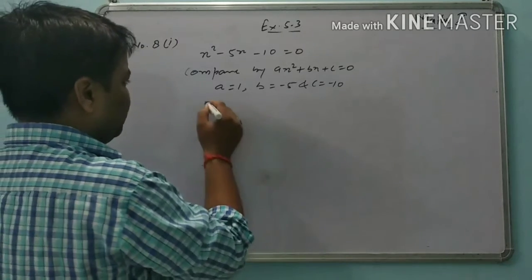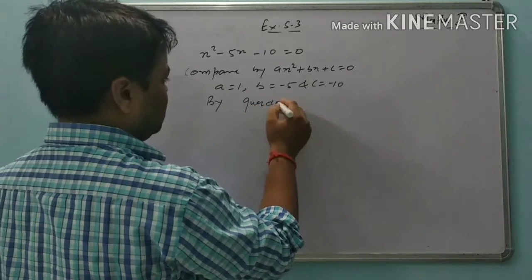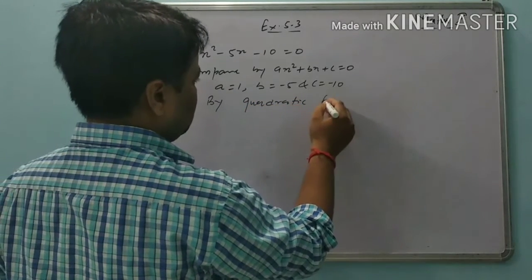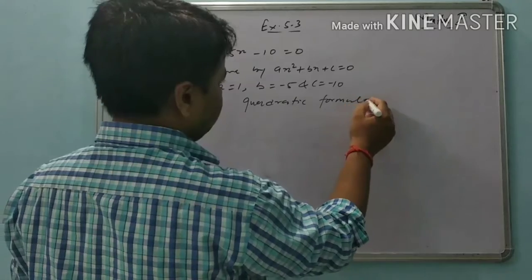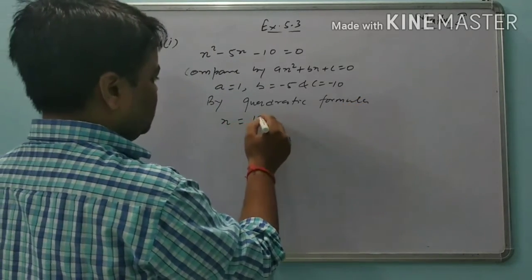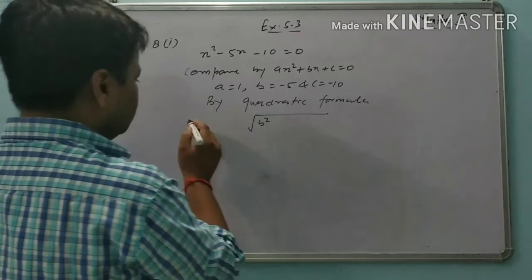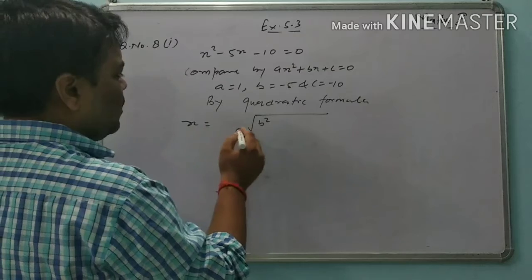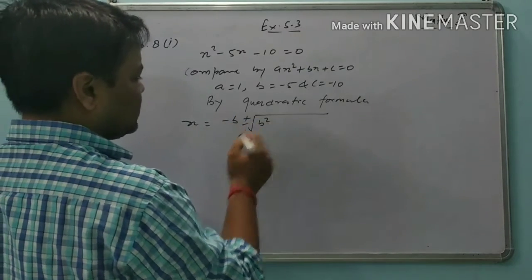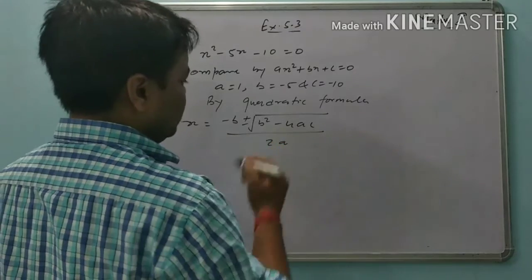Now by the quadratic formula, or by Sridharacharya method, x is equal to minus b plus minus under root b square minus 4ac by 2a.